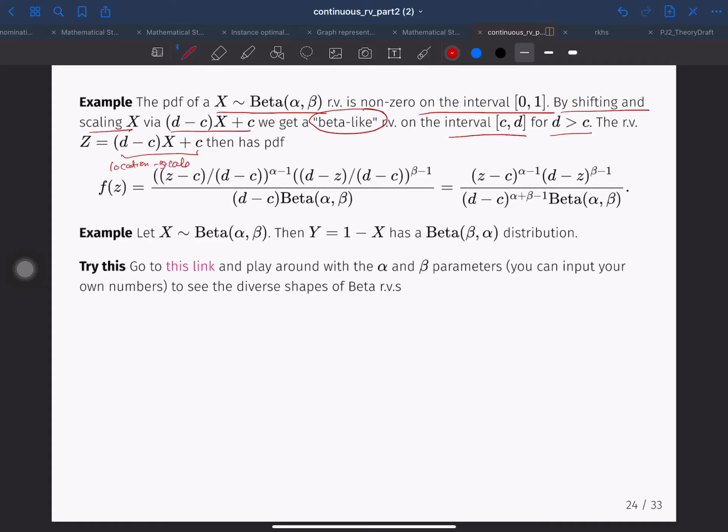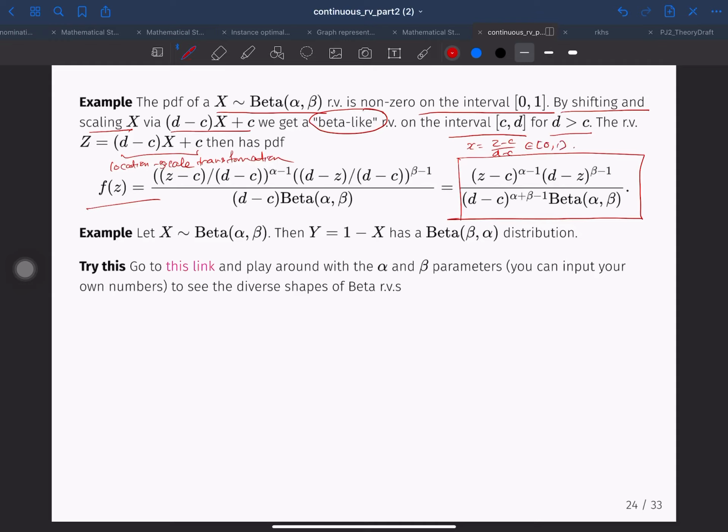Earlier in your lecture note, we know the PDF for the location scale, and that simplifies out to be this expression here, which looks very much like the PDF of a beta random variable, where you make the rule that x is just (z-c)/(d-c) in the interval 0, 1.